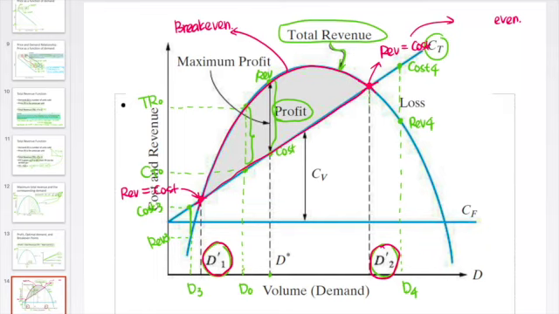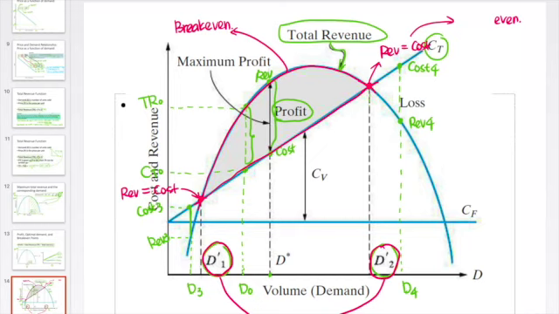Okay, and D1 prime and D2 prime also have a name. They're called break-even points or break-even demands.